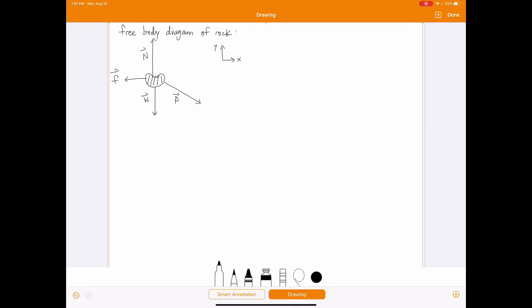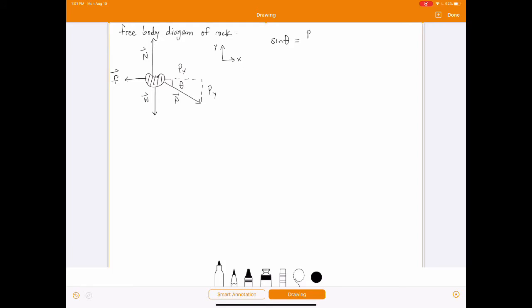For that reason, we should label those components on the diagram. This will be Px, and this will be Py. And the angle theta is shown right here. Okay, if we do a little bit of trig, what is sine theta equal to? It's the opposite side divided by the hypotenuse.